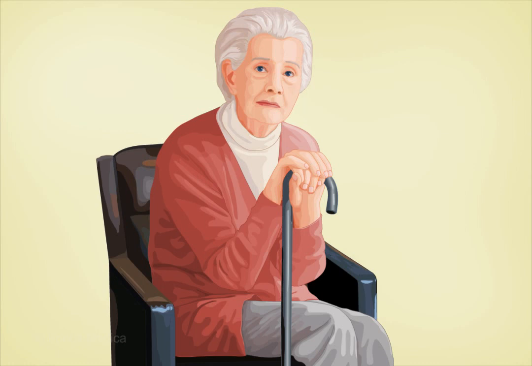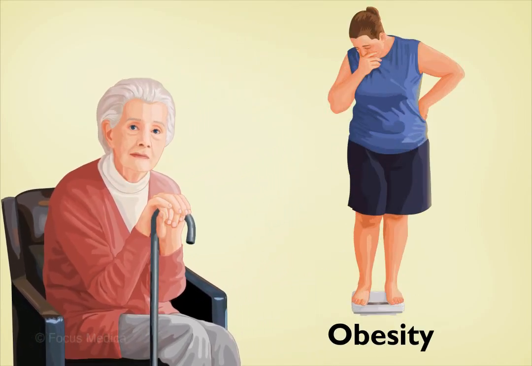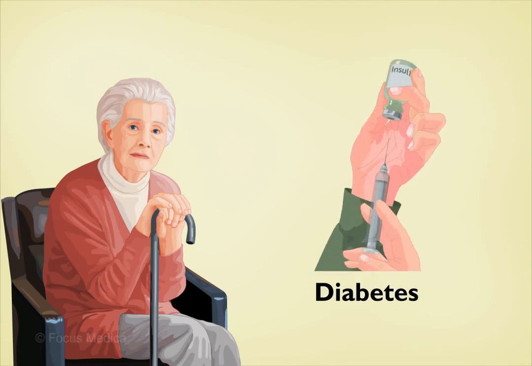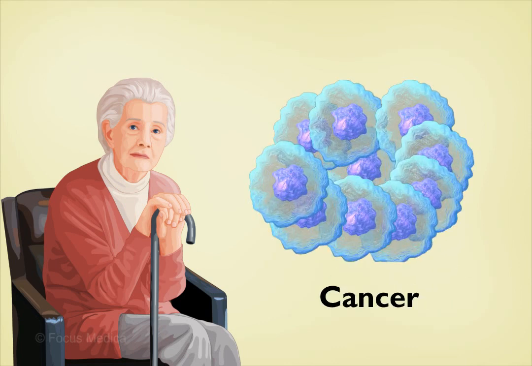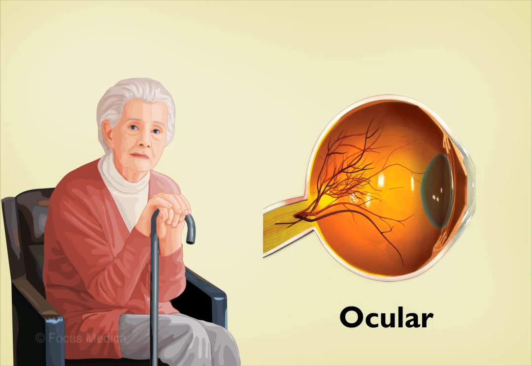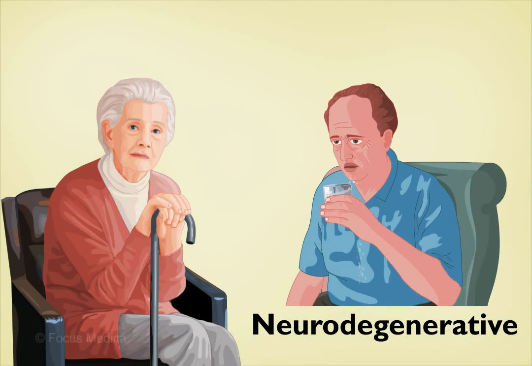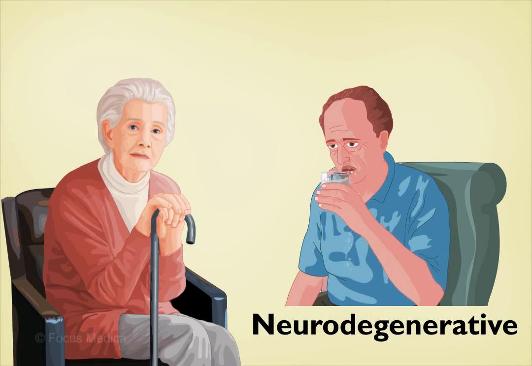It is now being recognized that chronic diseases associated with aging, for example, metabolic conditions such as obesity and diabetes, heart disease, cancer, autoimmune, ocular, neurodegenerative diseases, etc., are strongly associated with increased levels of senescent cells in the affected organs.